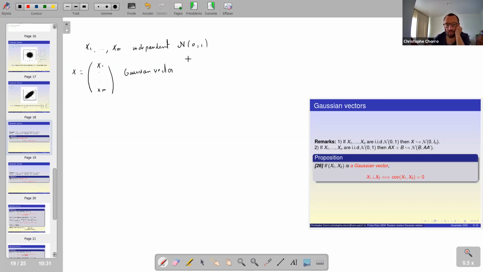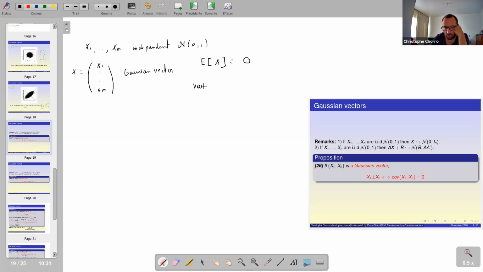If I want to characterize it, I have to characterize the vector of the expectations. In this case, I have a vector that is just the null vector of R to the power n, because each of them has an expectation equal to 0.